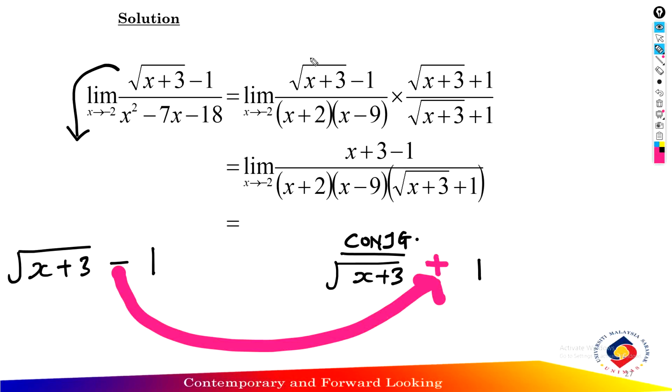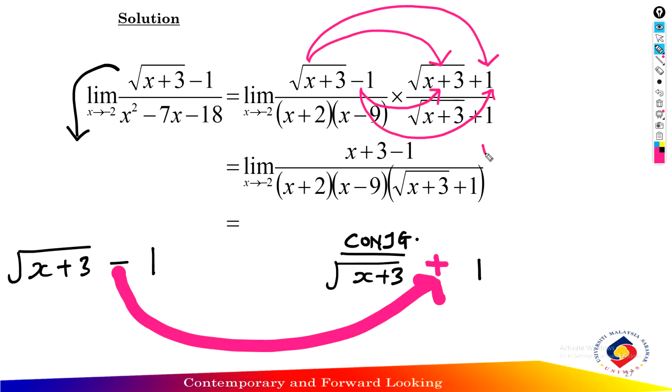First expand the numerator: square root of (x plus 3) times square root of (x plus 3) equals x plus 3, then square root of (x plus 3) times 1, negative 1 times square root of (x plus 3), and negative 1 times 1. The answer is x plus 3 minus 1.